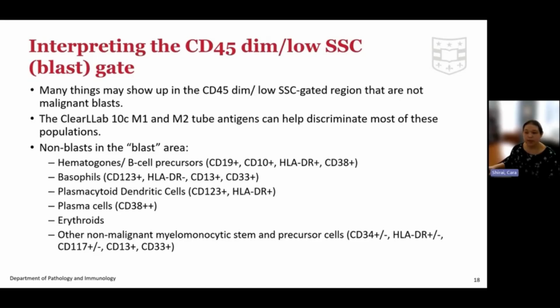Cell populations in the blast region that are not blasts include hematogones, which are B-cell precursors, basophils, which express some myeloid antigens and can be expanded in certain conditions, plasmacytoid dendritic cells, plasma cells, both benign and malignant, erythroid lineage precursors, and other non-malignant myelomonocytic stem and progenitor cells.